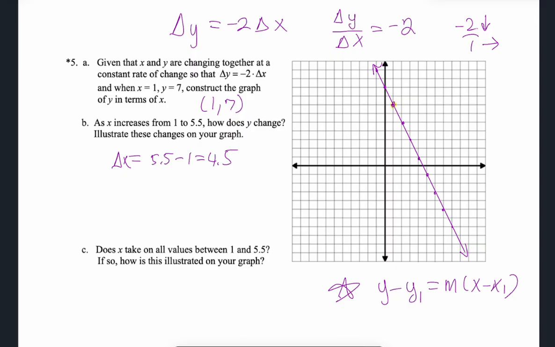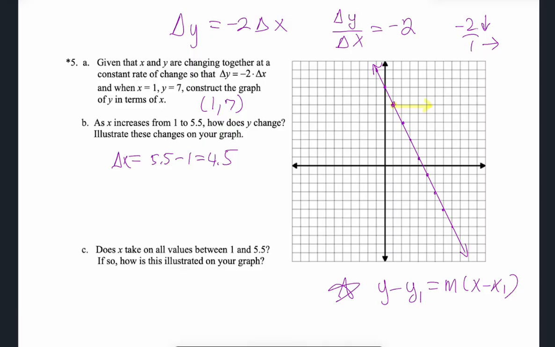Our x increases as you go to the right. Just make a little arrow, 1, 2, 3, 4.5 to the right. Now I've almost hit 5 because of the chubbiness of the line there. That's a little better, barely. Let's do it one more time. I'm just trying to hit that for you real good. 1, 2, 3, 4.5. Yeah, that's a little better. Okay. So that's how you would illustrate that change on the graph.